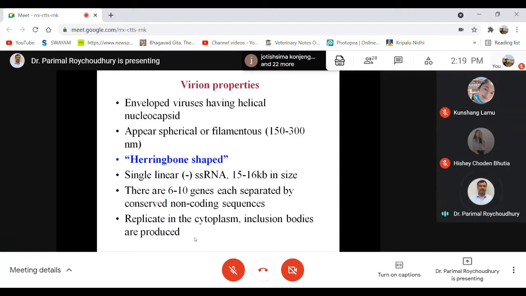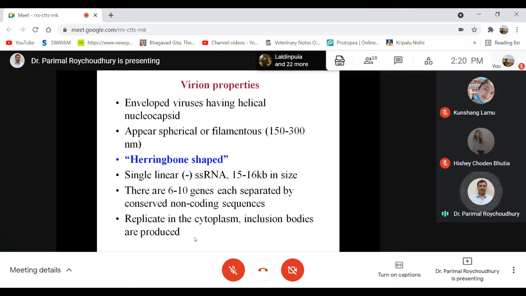Now let us come to the important properties of this group in general. The first thing is that they are pleomorphic viruses. I mean, they do not have a definite shape. Some appear filamentous, some are aggregated into a large spherical appearance.